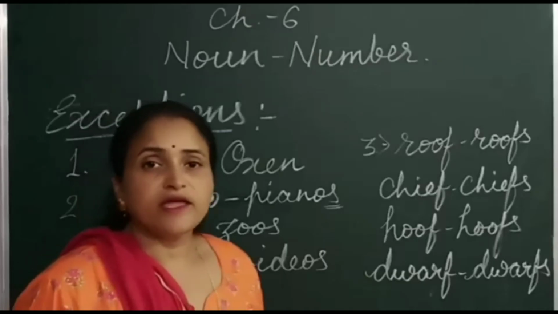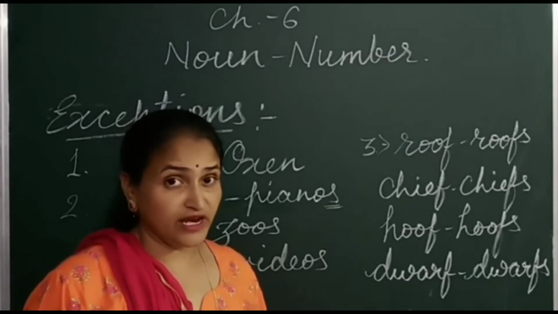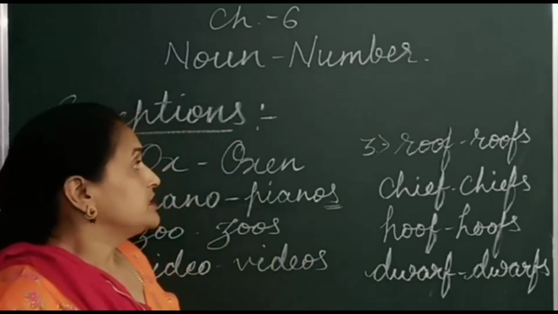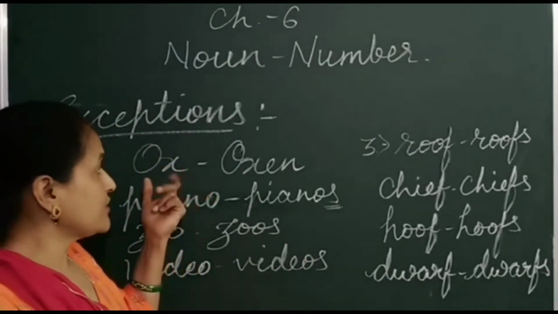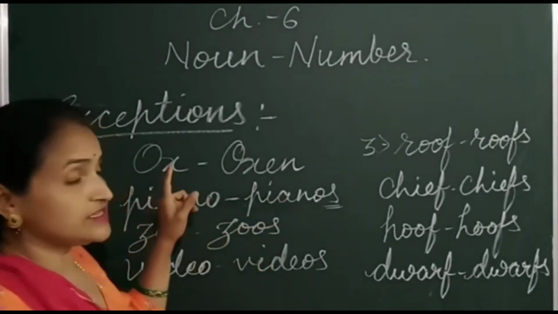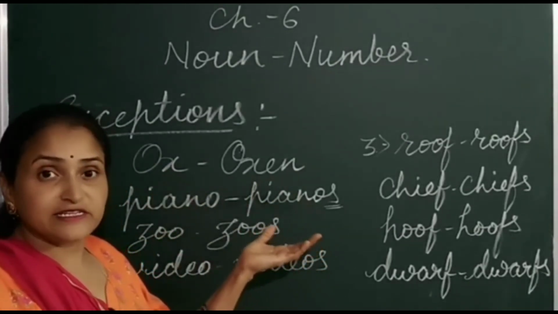Okay. Now children, here are some exceptional nouns that do not follow any rule. In our second rule, I explained to you that if the noun ends with x, we add es to make its plural.